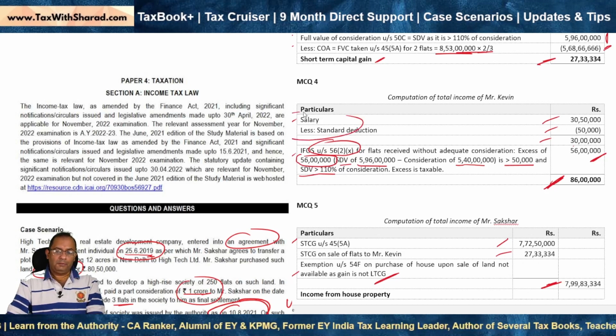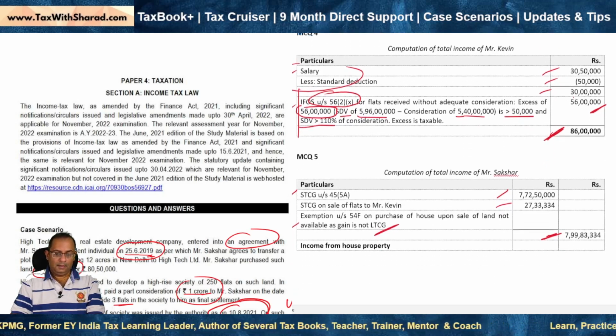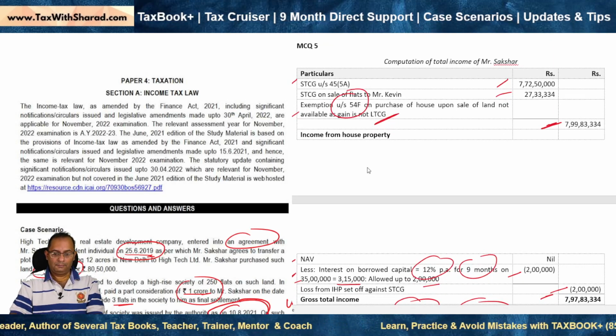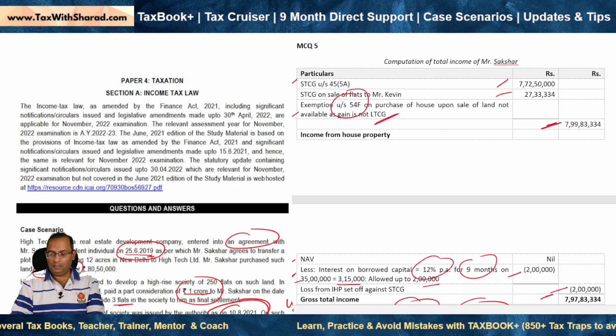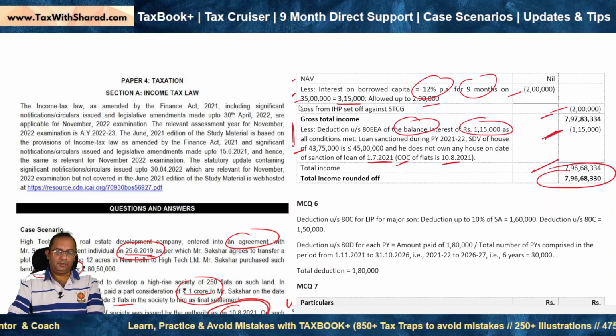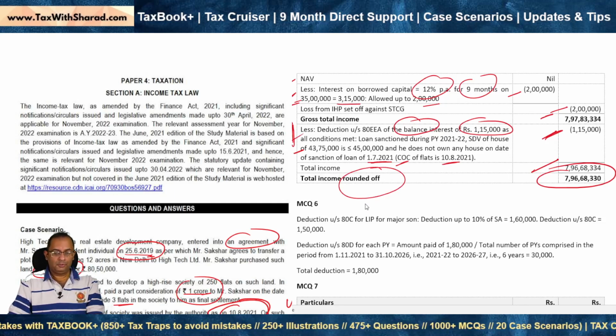And then you need to compute salary. And then there is 56(2)(x) under income from other sources. And then you need to also consider whether you can apply 54F or not. And then income from house property also comes. Deduction of interest, set off, and then finally deduction under section 80EEA and rounding off as well. How do you round off? So many angles are there, therefore it's critical.